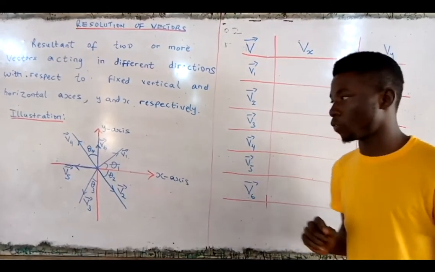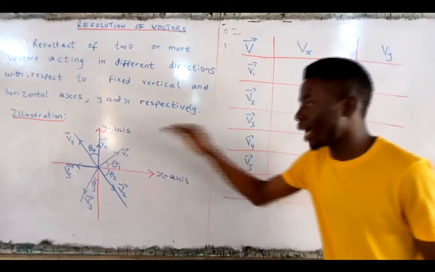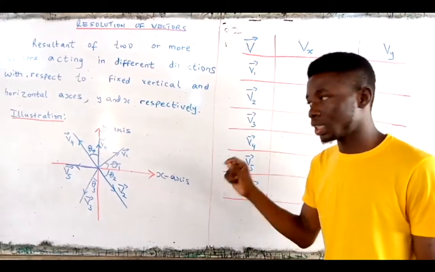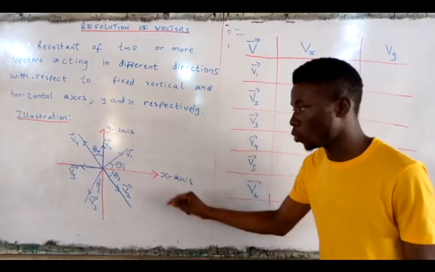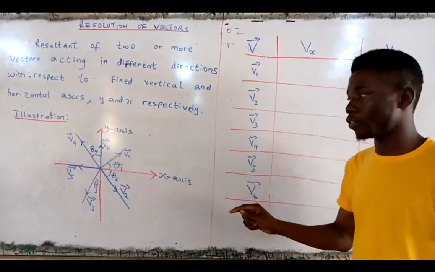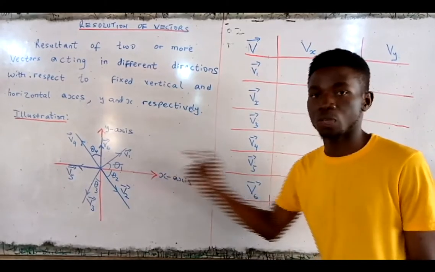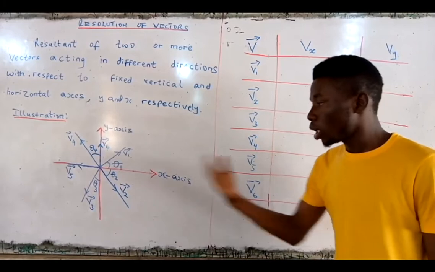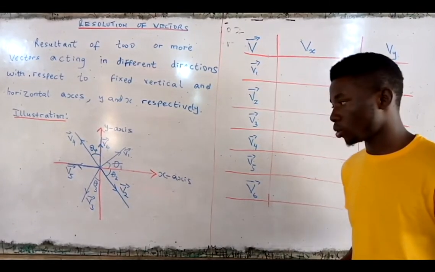Also, this vector v1 is acting at the top. So considering the y-axis, it implies that vector v1 is also going to have a positive value with respect to the y-axis.